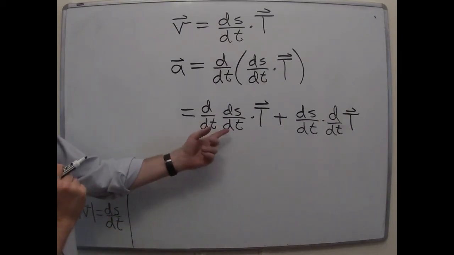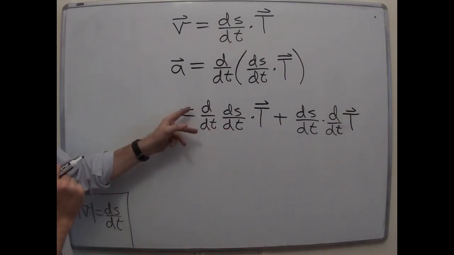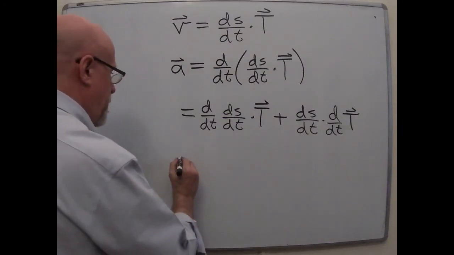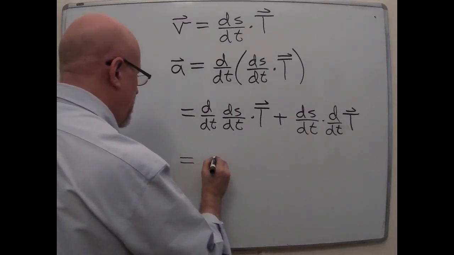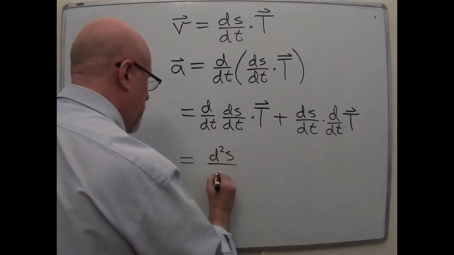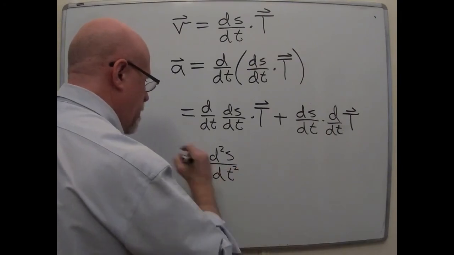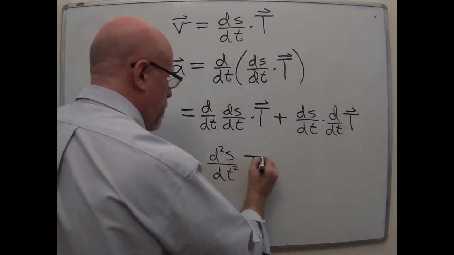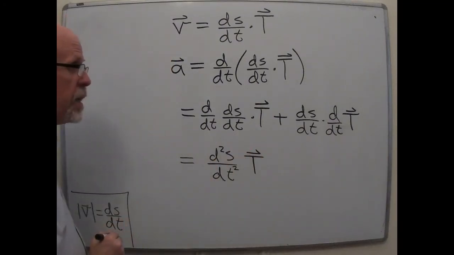It's already in the Leibniz notation, so we're asking about the second derivative with respect to time of s. And I hope you recall that you write d squared s dt squared for the second derivative. So that's the second derivative of position along the curve times T.